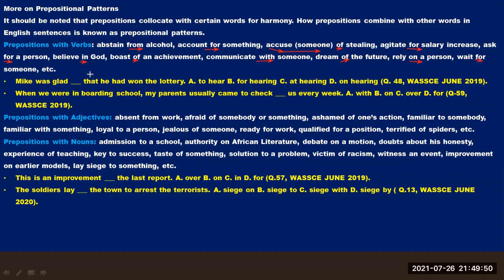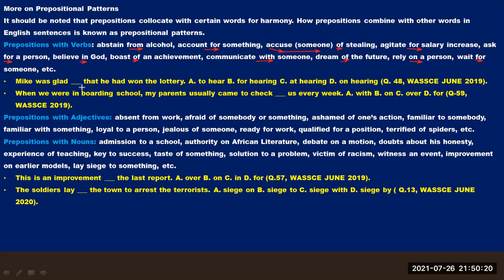Now, let's look at two examples, two past questions. One taken from question 48 of the West African Senior School Certificate Examination of June 2019. All right. Mike was glad dash that he had won the lottery.